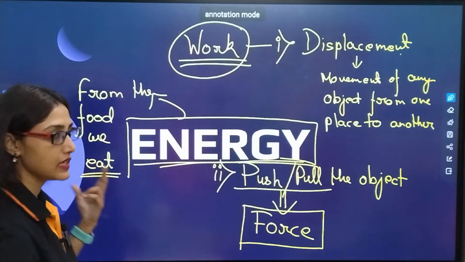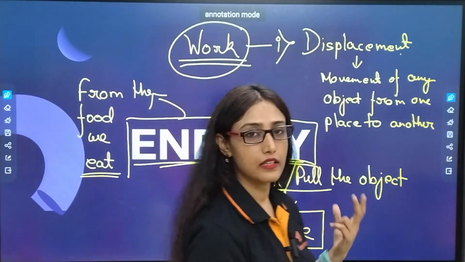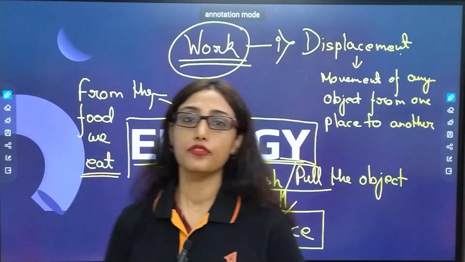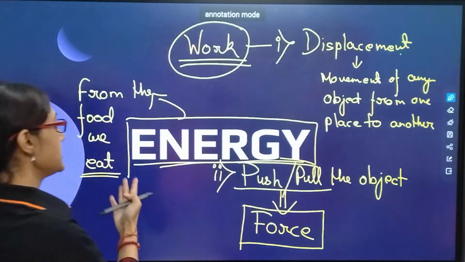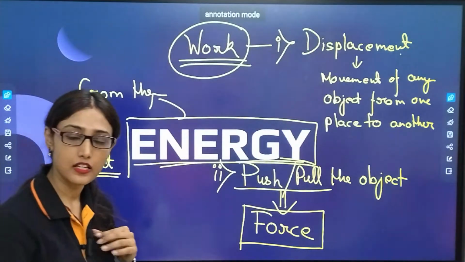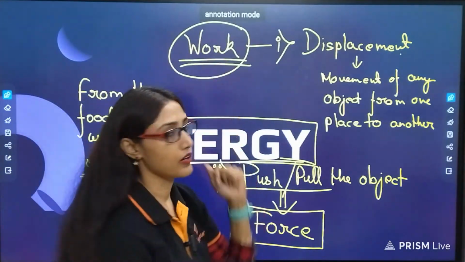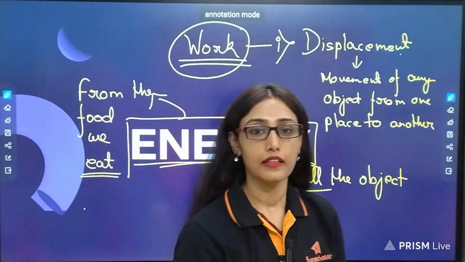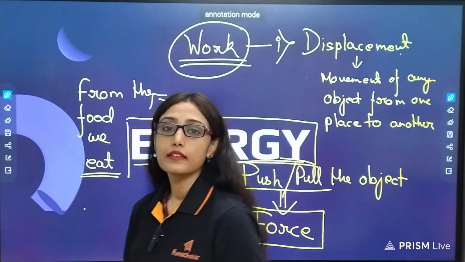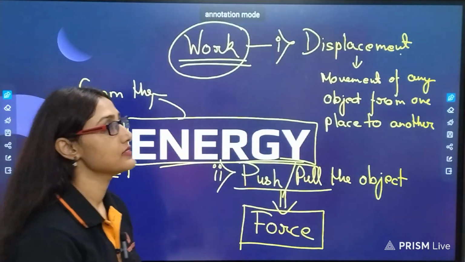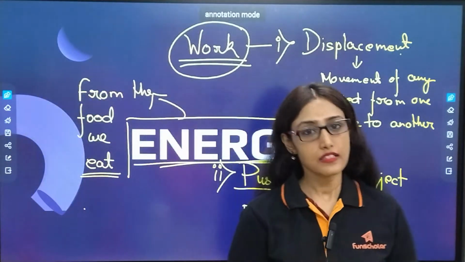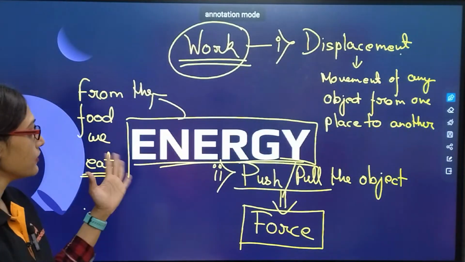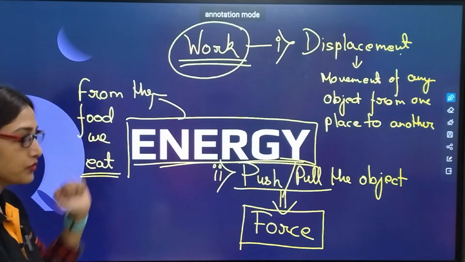That is the reason we eat food. You have learned in your health and nutrition chapter that we need food. Why? Because we need energy. And why do we need energy? We need to do some work. And what is that work in your life? That is playing, swimming, studying, going to school, etc. So we get energy from food.